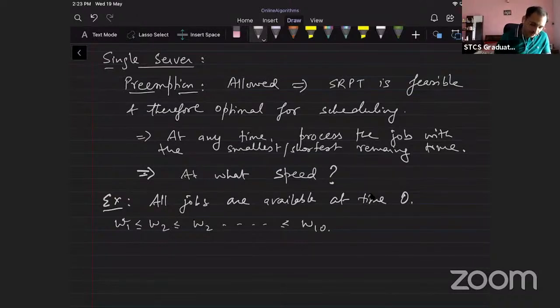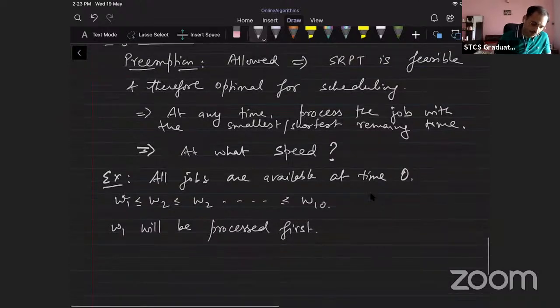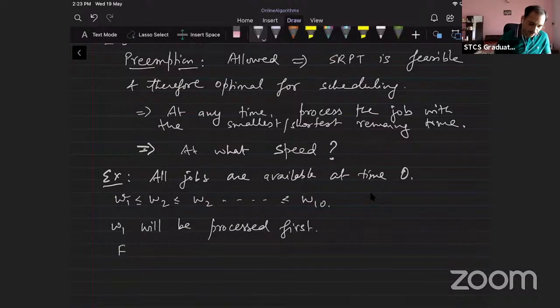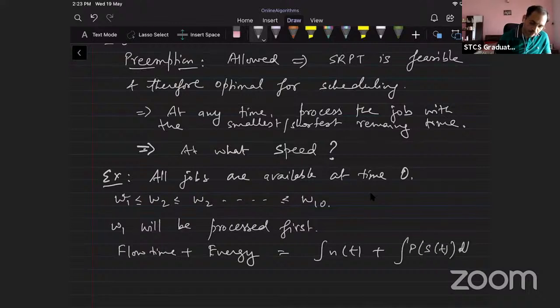So we know that W1 will be processed first. Now if you would like to write the flow time plus the energy, this is nothing but the integral of n of t plus the integral of p of s of t dt.